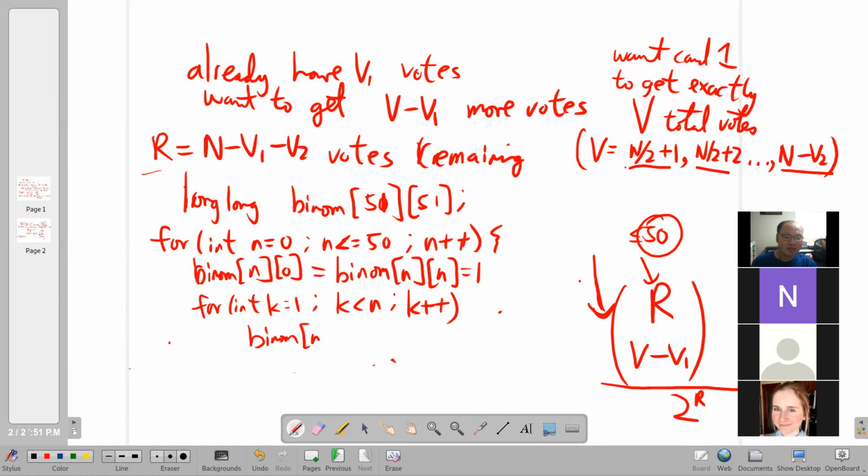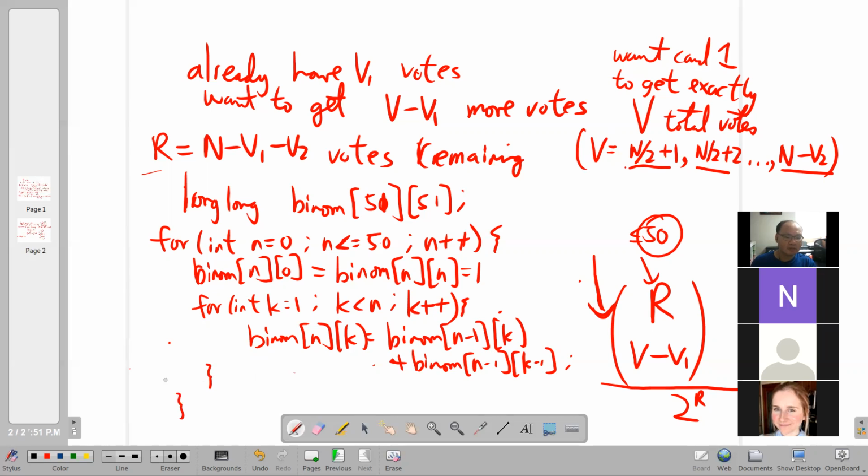Binom n choose k is binom n minus 1 choose k plus binom n minus 1 choose k minus 1. Okay, so you run this double nested loop, and it takes basically 50 squared iterations. And after that, all the binomial coefficients are computed.